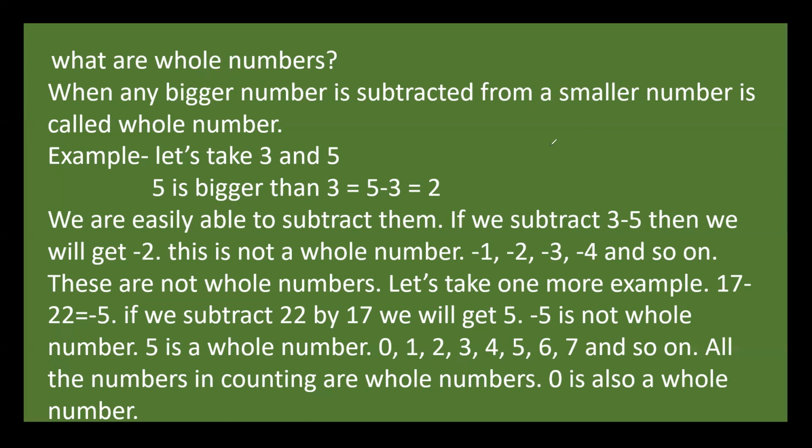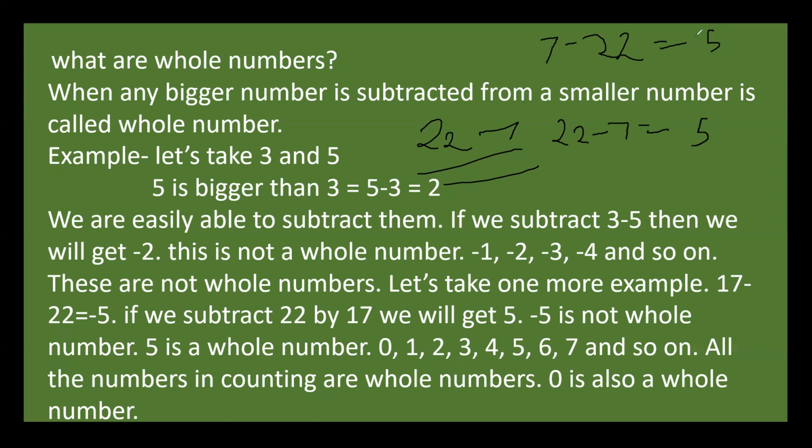Here are two numbers, 22 and 7. What you have to do is subtract in two ways. First, subtract 7 minus 22, and in the other column, subtract like this. See the answer. The answer is 5 only in both cases.